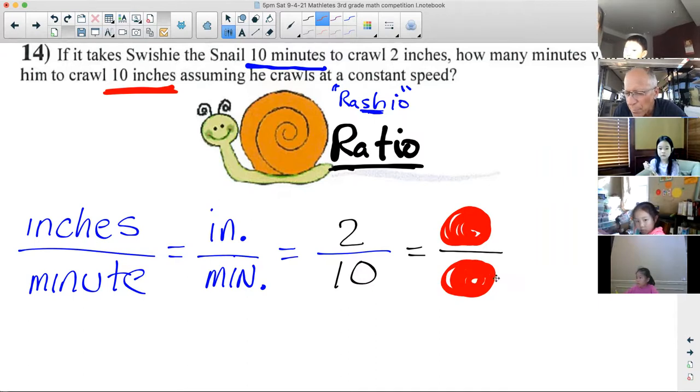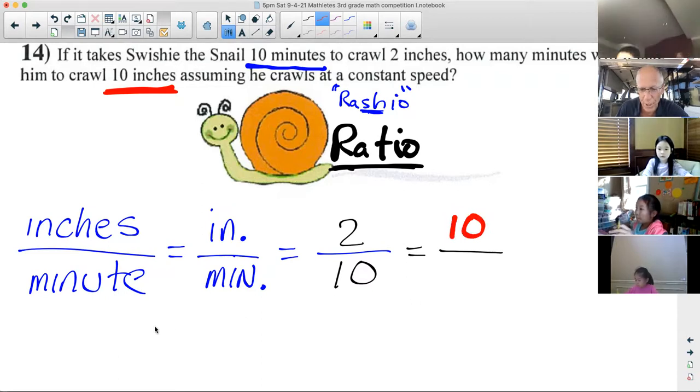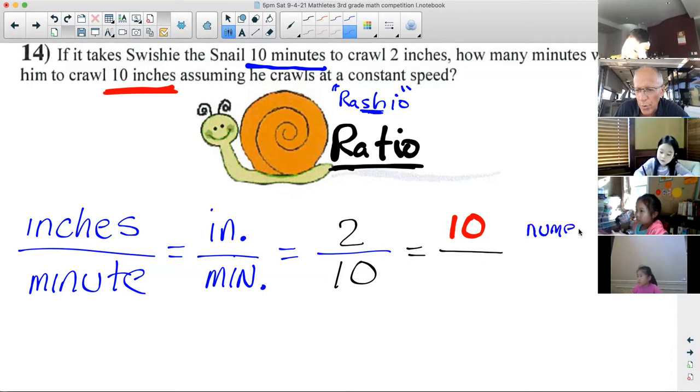Go ahead, Catherine. On the top. Yes, and that is called the numerator of the fraction. I'll write it down for you. Numerator. That's the top of a fraction.